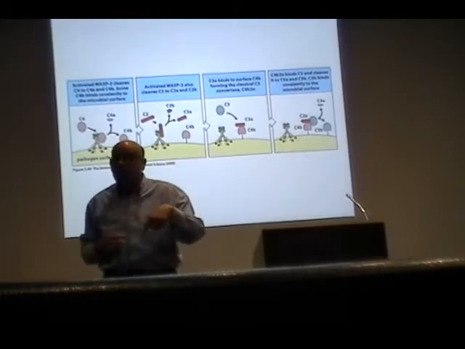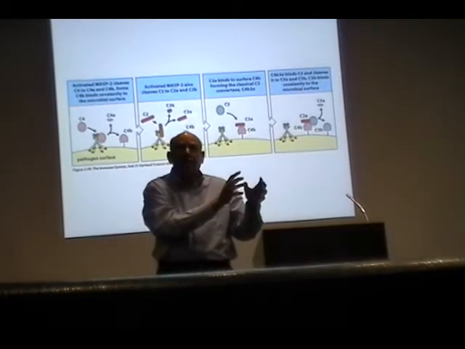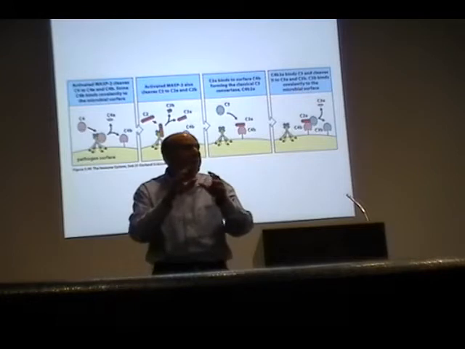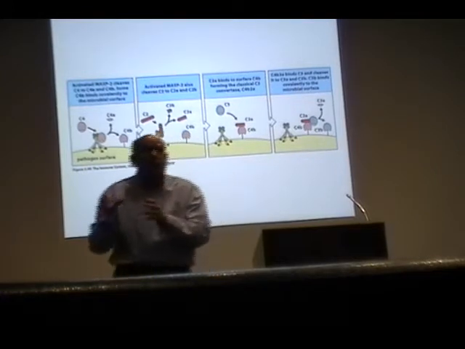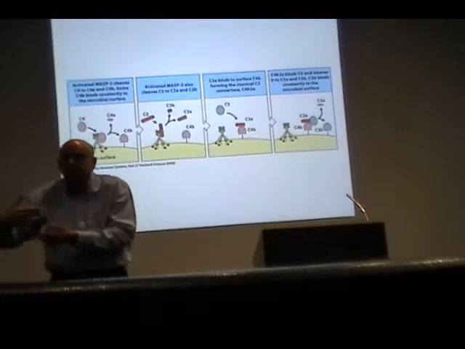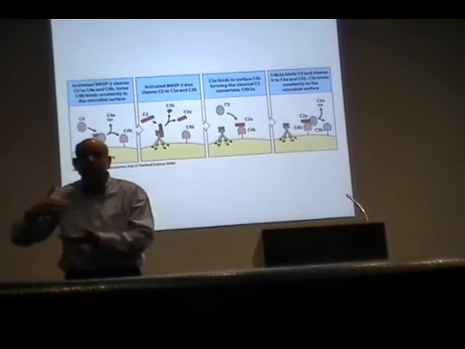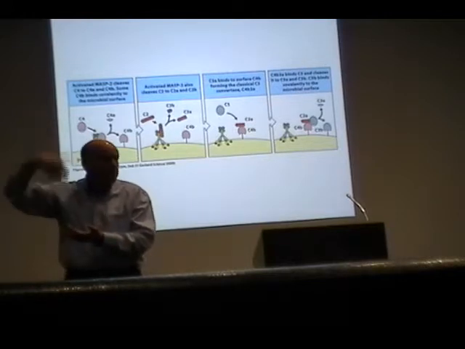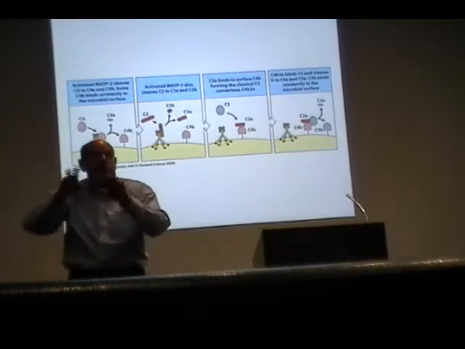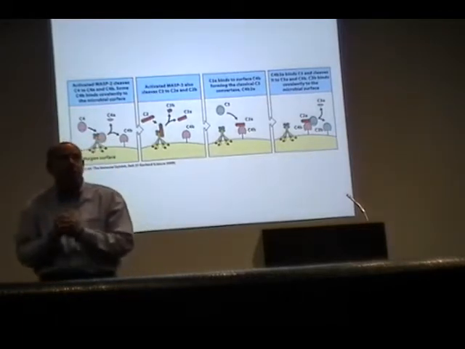B can still combine with the C3b created by the classic pathway and the C3b created by the mannose pathway. Once it's C3b, it can still bind B. So now we've got two convertases on the surface. B is going to bind to C3b, and B is going to be cleaved by D, even though it started with the classic pathway, or even though it started with the mannose pathway.